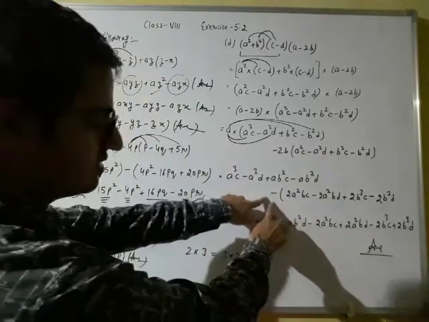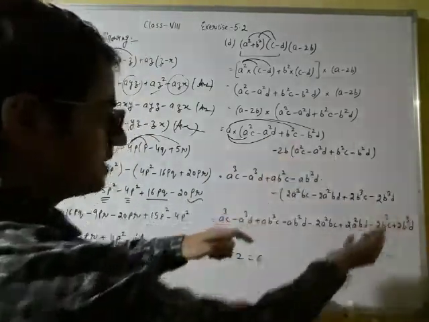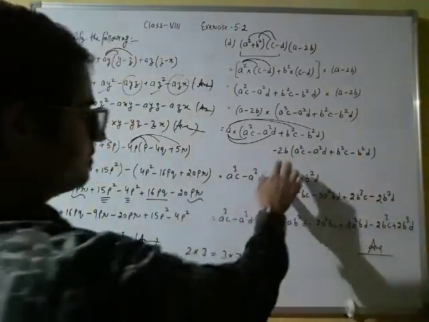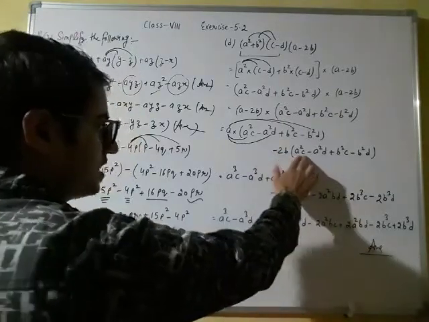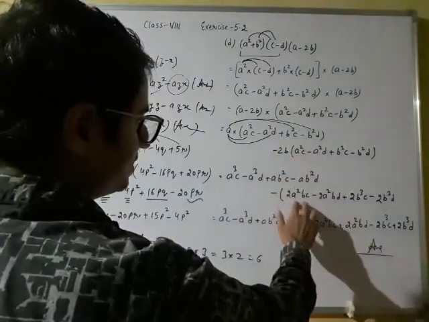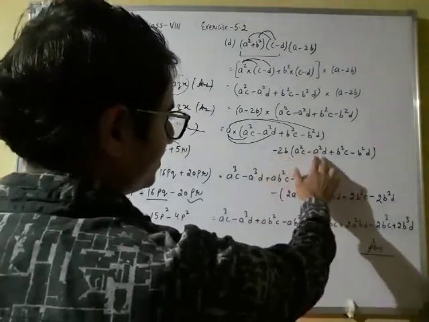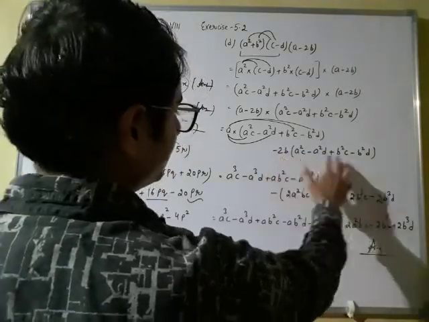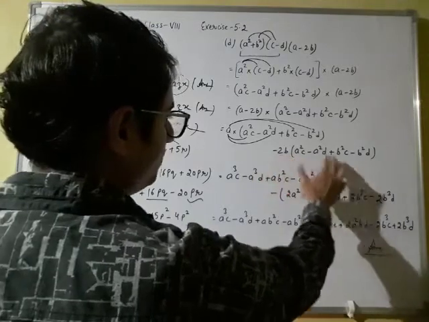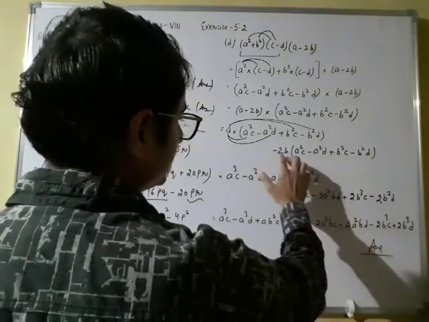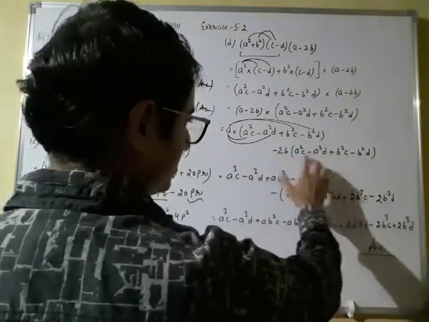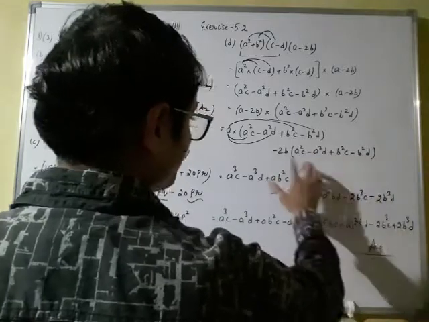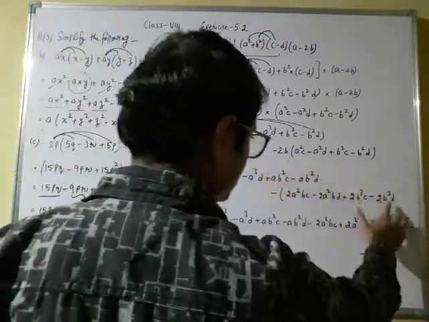Minus will remain outside the bracket, and 2b will multiply the terms one by one. 2b into a square c becomes 2a square bc. 2b multiply a square d is 2a square bd. 2b multiply b square c is 2b cube c. 2b multiply b square d, and plus minus minus, is 2b cube d.